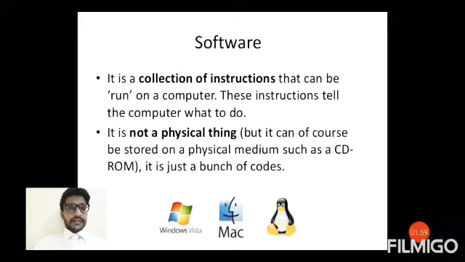Software is a collection of instructions that can be run on a computer. These instructions tell the computer what to do. It is not a physical thing, but it can of course be stored on a physical medium such as a CD-ROM.